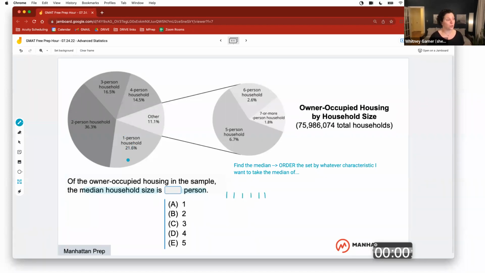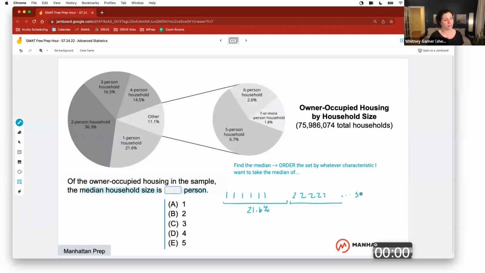I'd do that for 21% of these 75 million houses, 76 million houses. So I'd be listing out just a whole massive number of these. So I'd list out 21% of my sample as one, 21.6%. Then I'd start listing out a massive, even bigger list of twos. And then I keep going.